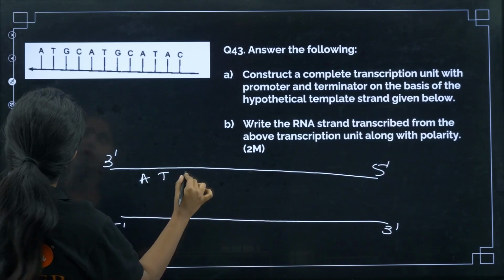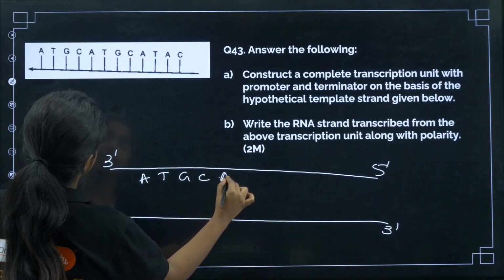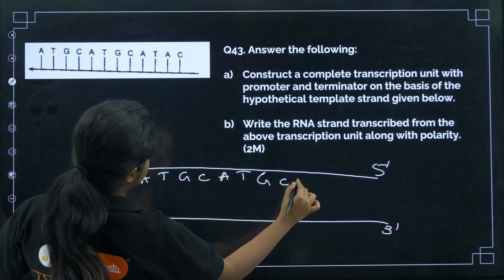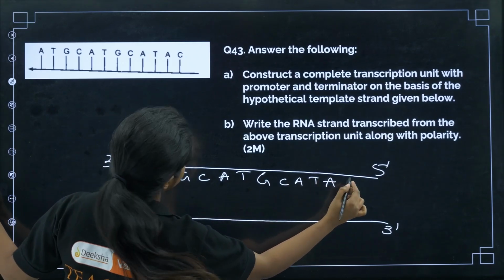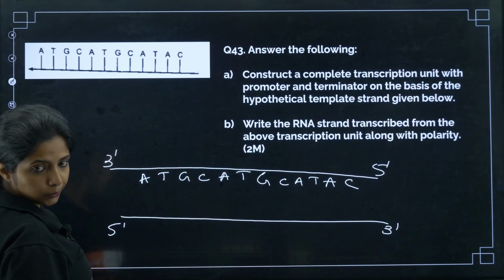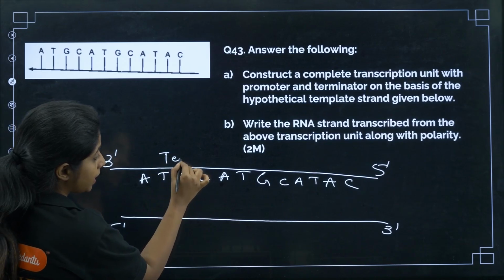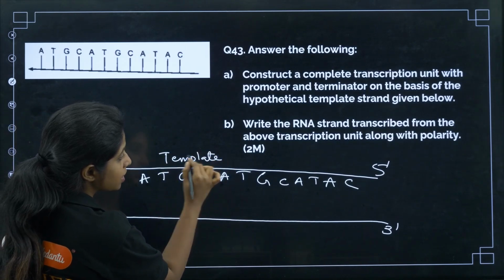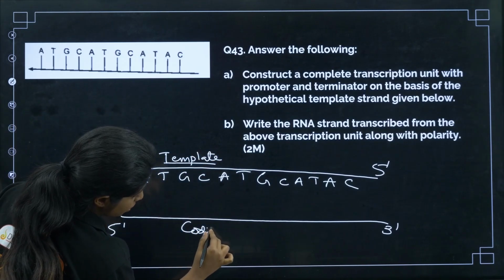A, T, G, C, A, T, G, C, A, T, A, C. Cool. Now, this is the template strand which is going to undergo transcription. The opposite strand is known as the coding strand.